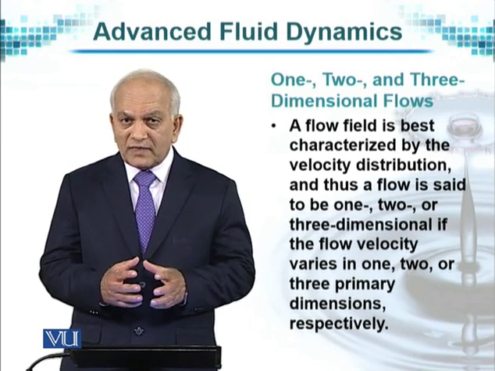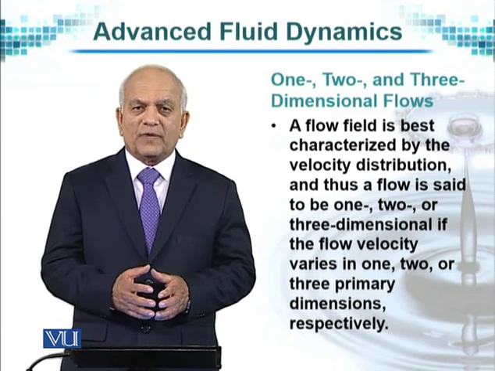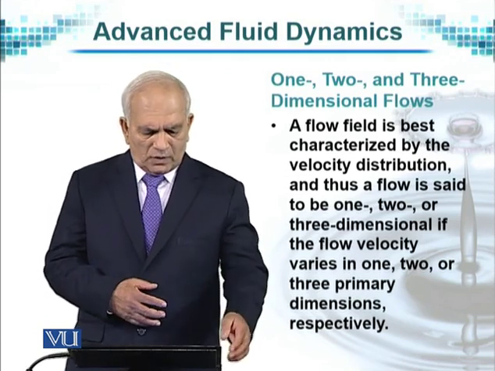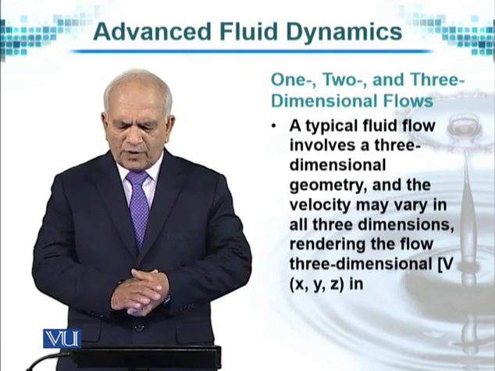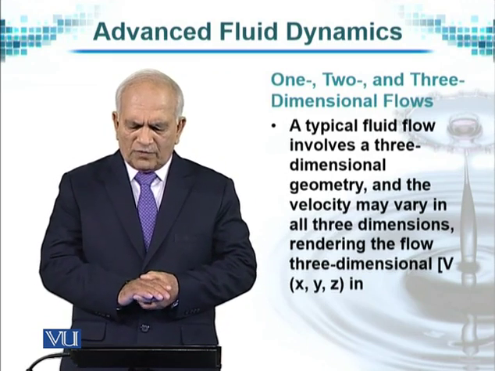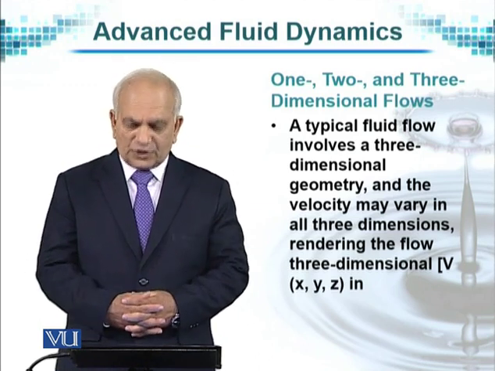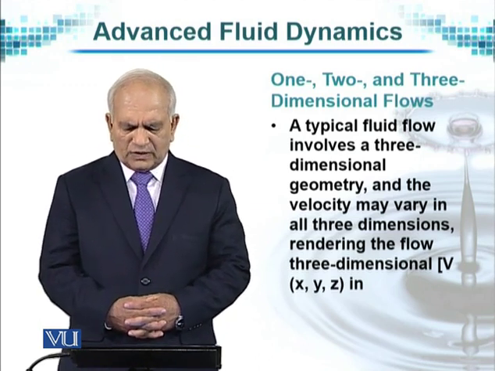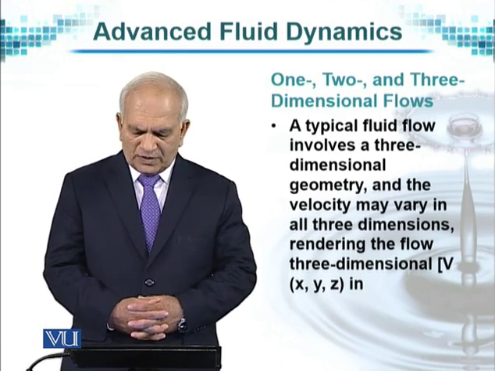So velocity is the main player in a fluid flow, the velocity vector, and it has 3 components, x, y, z, as you know. A typical fluid flow involves a 3-dimensional geometry, and the velocity may vary in all 3 dimensions, rendering the flow 3-dimensional.